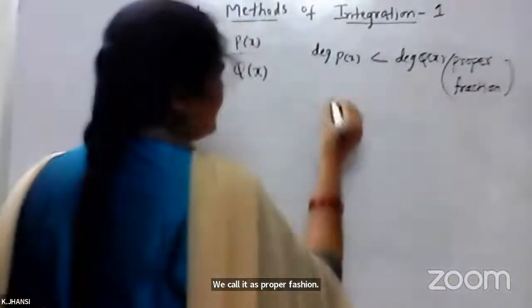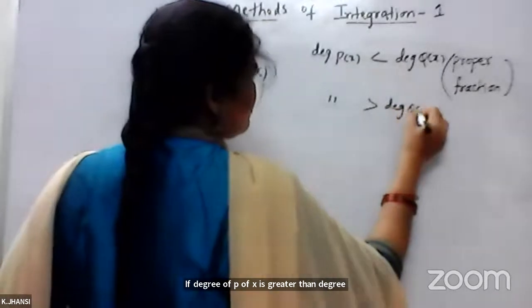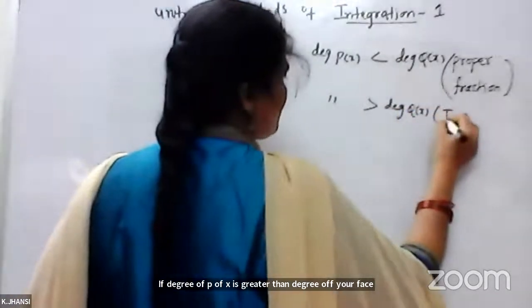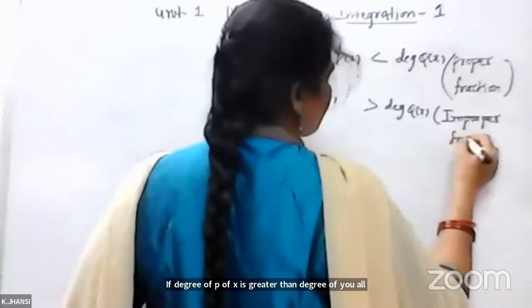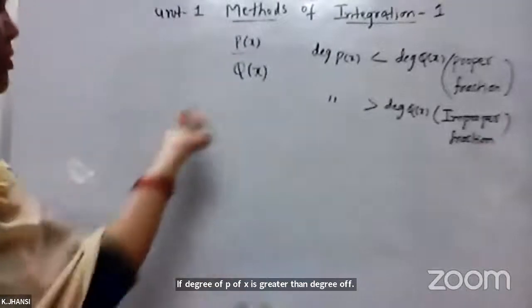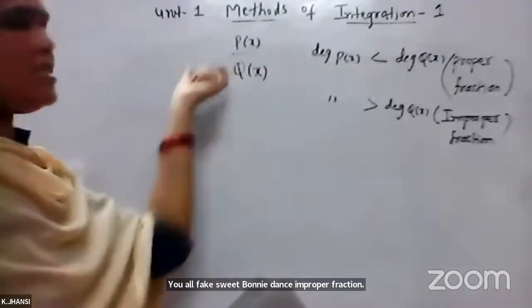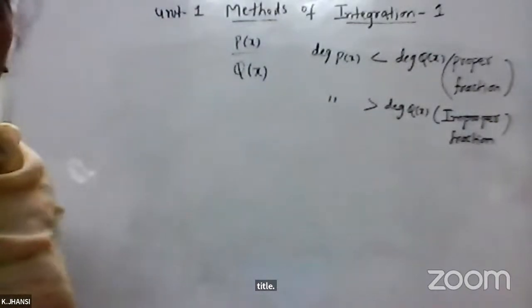If degree of p of x is greater than degree of q of x, we call it an improper fraction. Try to remember this one. By seeing the question, we have to identify whether it is a proper or improper fraction.